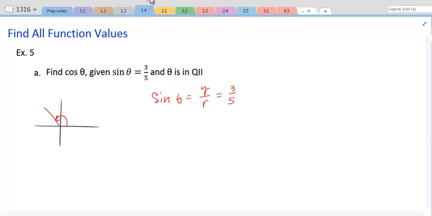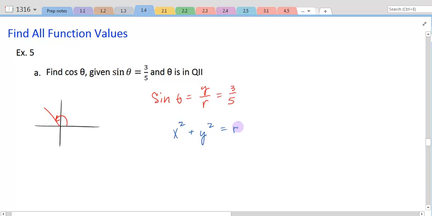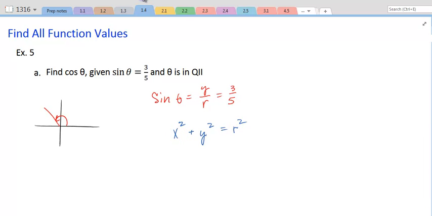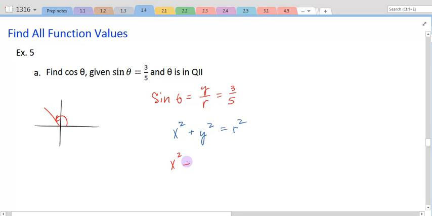We can use Pythagorean's theorem, which says x squared plus y squared is equal to r squared, to find out what the missing value is for my functions. In other words, I can use Pythagorean's theorem to find out what x is. So x squared plus y squared, which would be 3 squared, is equal to 5 squared, and solve from there.